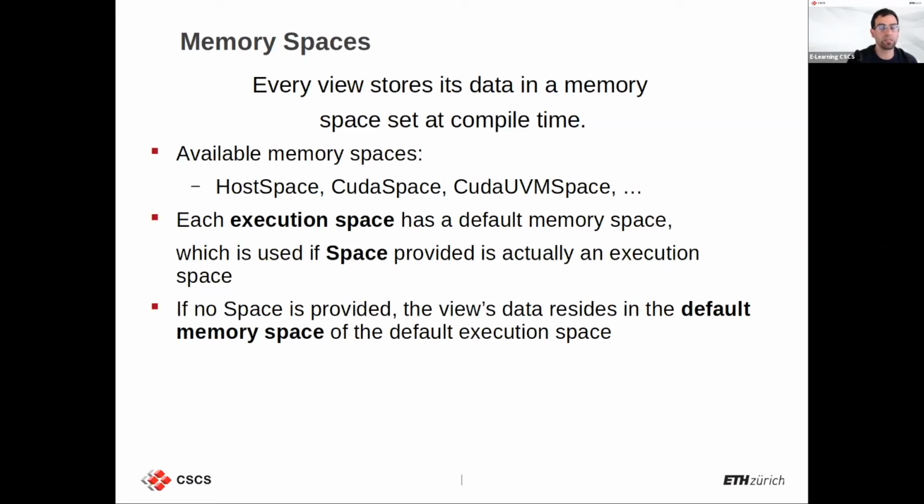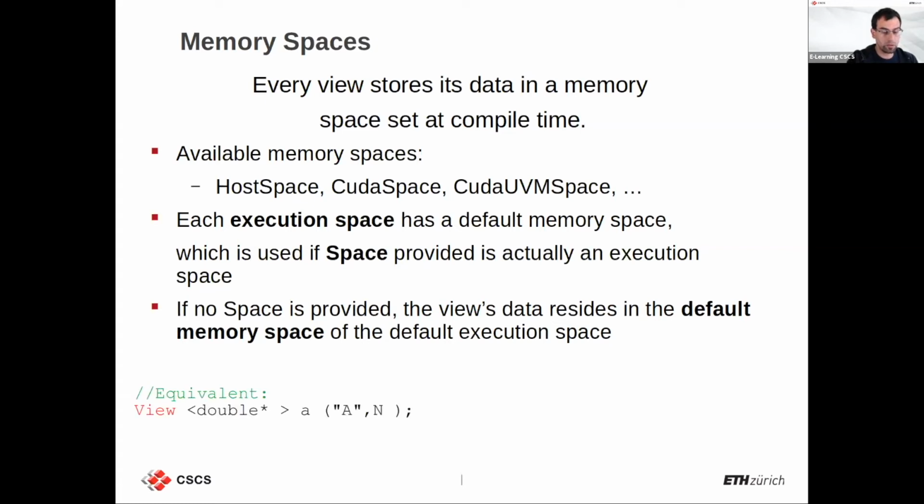If no space is provided, the view data resides in the default memory space of the default execution space. So if you specify, we are going to use that one. If you don't specify, you will use the default one. In Kokkos, everything has been designed so that the default is the smartest option. So don't worry, in most cases, you don't need to specify the default memory space or the default execution space.